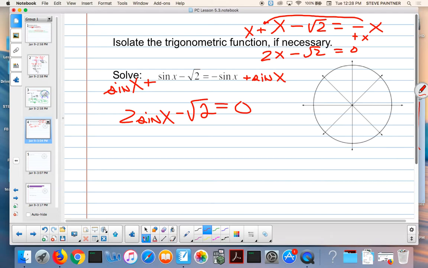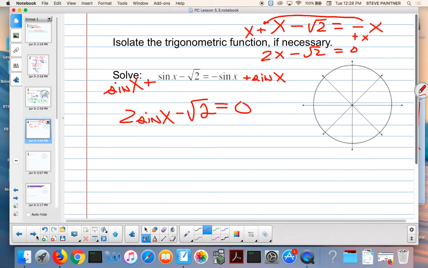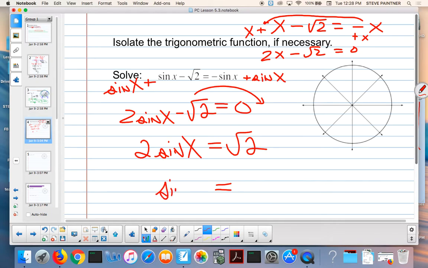Now remember, this is kind of the look you want, right? Okay, this is the look you want. What are you going to do? Yeah, and then you just add the square root of 2 over here. Sine of x equals what? Square root of 2 divided by 2, right?